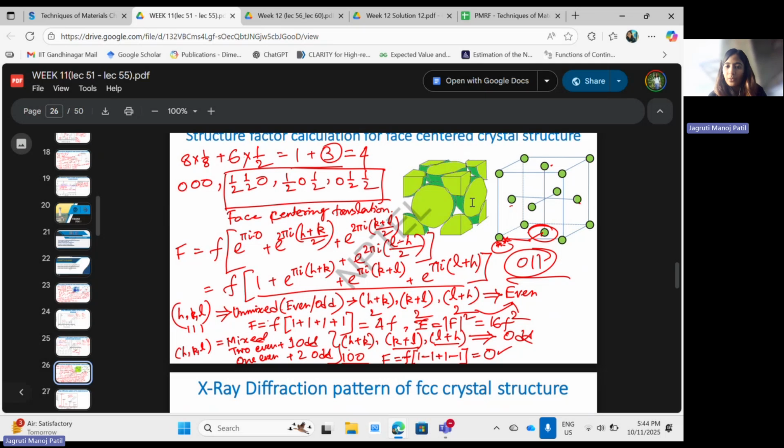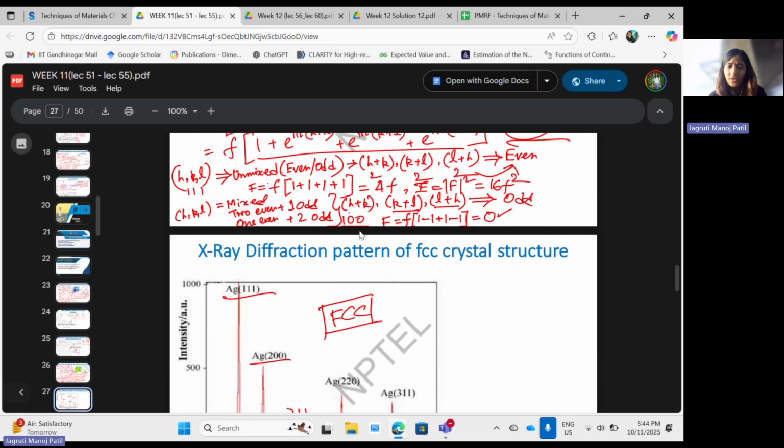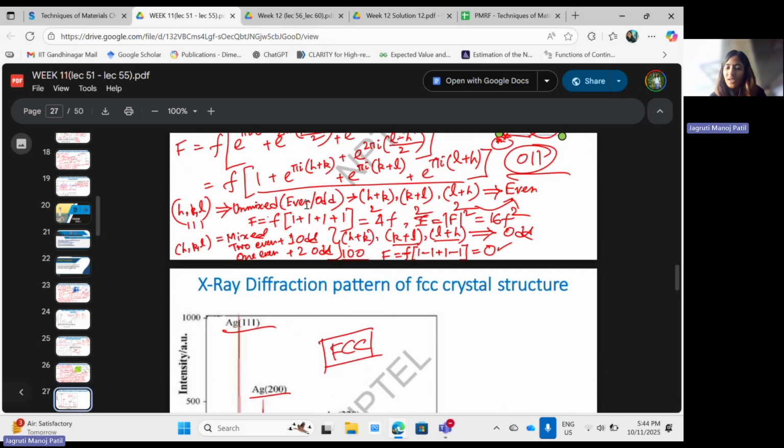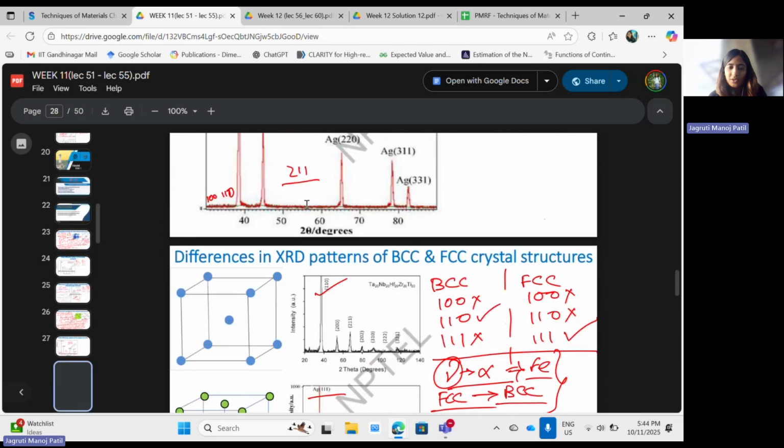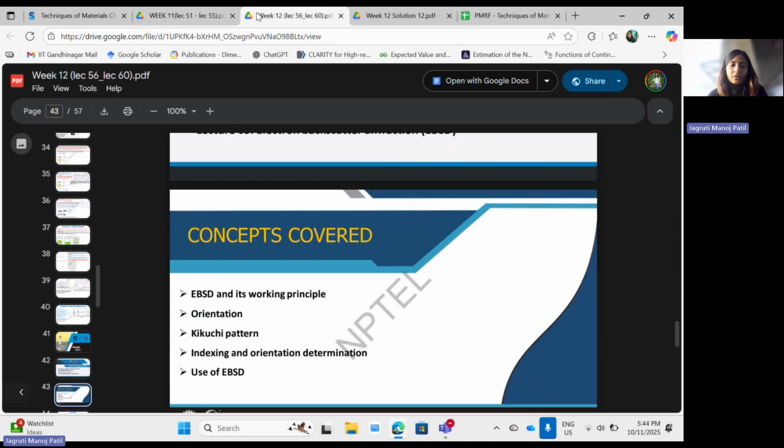So in that way you have 4 here. Based on it, if you also see whether the indices are mixed or unmixed, even or odd, accordingly your distributions will change, right? So that was all for week 11.